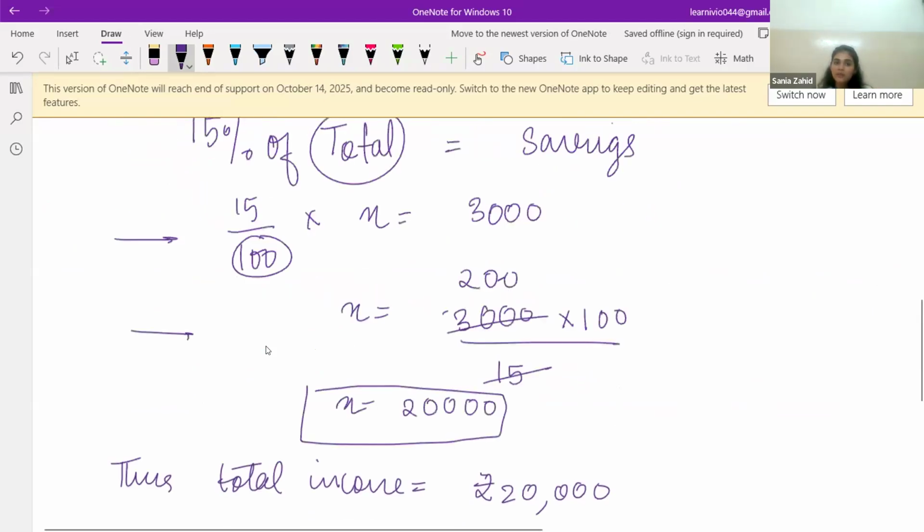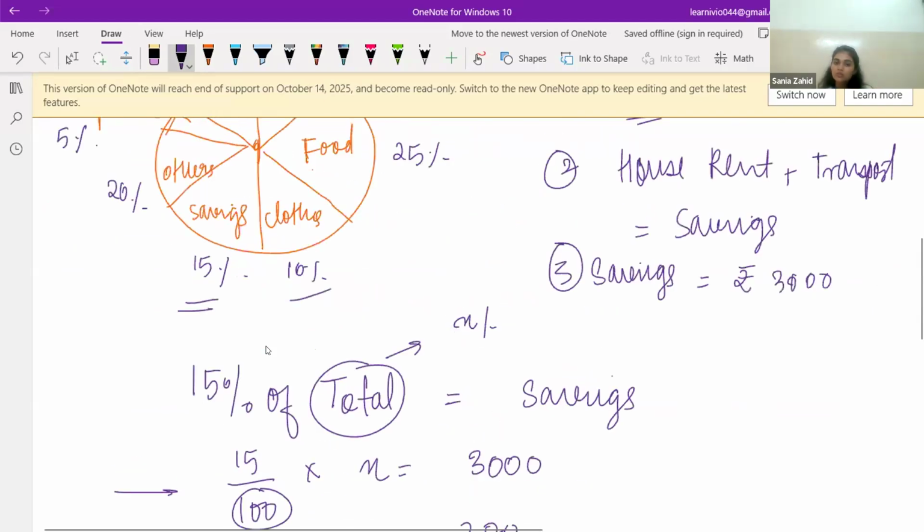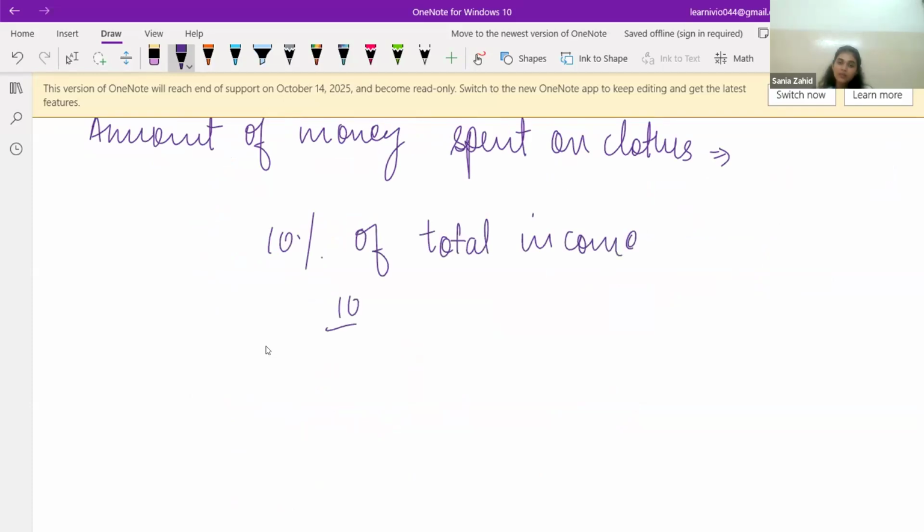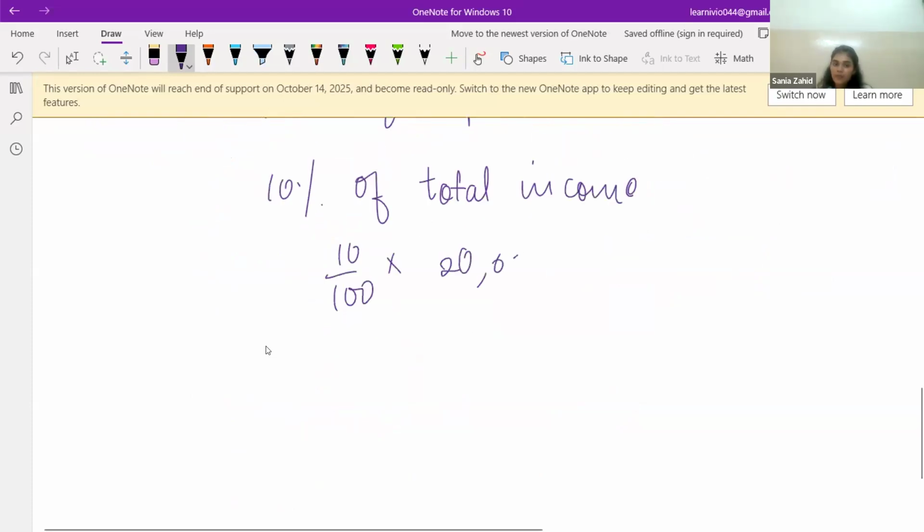How much percentage are they spending on clothes? 10%. So that's equal to 10% of the total income. So children, 10 by 100 into 20,000. Cancel 2 zeros with 2 zeros. You get 2,000. So that means 2,000 rupees per month out of the total income they are spending on buying clothes.